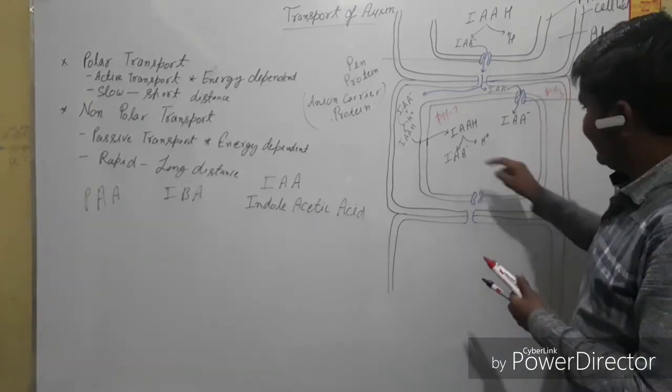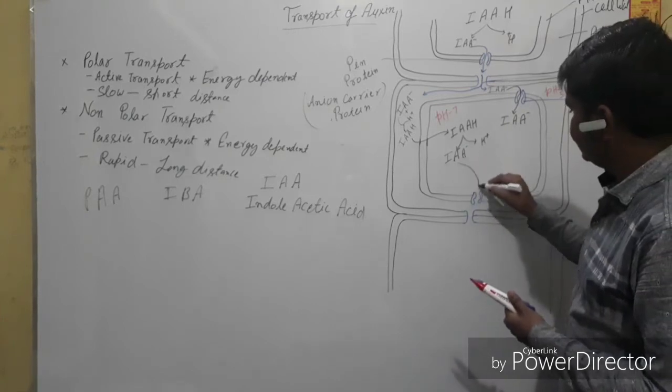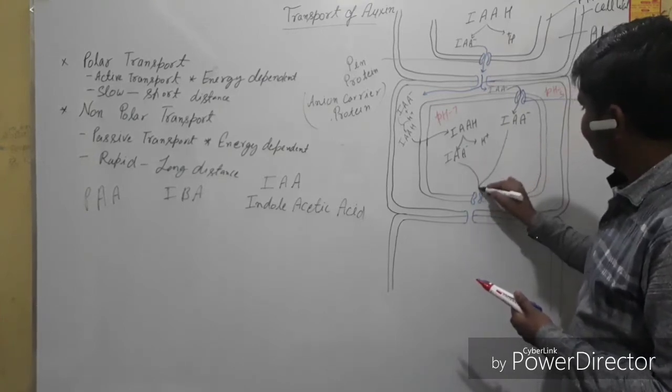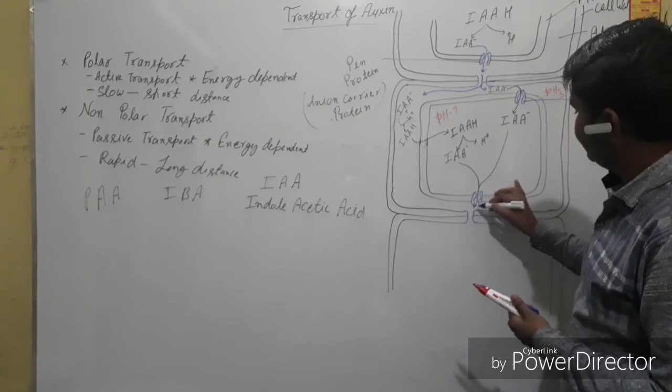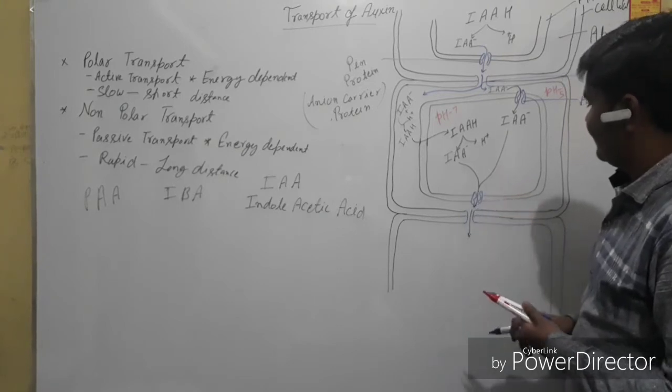Now this IAA and this IAA come here to be transported to the next cell.